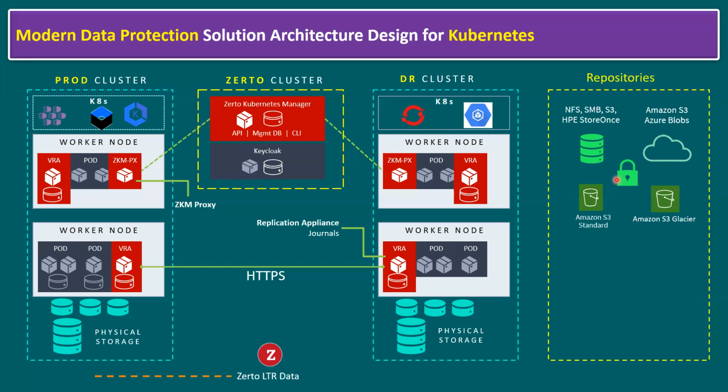For the repository, for long-term retention data, we can use multiple options like Azure Blobs, or Amazon S3 Simple Storage Service. In some scenarios we may use Amazon S3 Glacier or Amazon S3 Standard, and it also supports multiple protocols. We can use NFS, SMB, S3, and also HPE StoreOnce for long-term retention, LTR, purposes. Okay, so this is the high-level architecture.